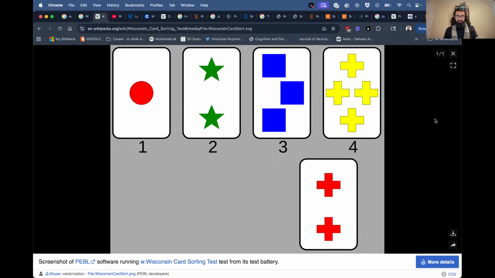This is actually from 1990, so this is over 30 years old, still very relevant. So as you can see, this is the Wisconsin card sorting test. I'll attach this on the video as well. This is for your understanding. It's again a very influential experiment.